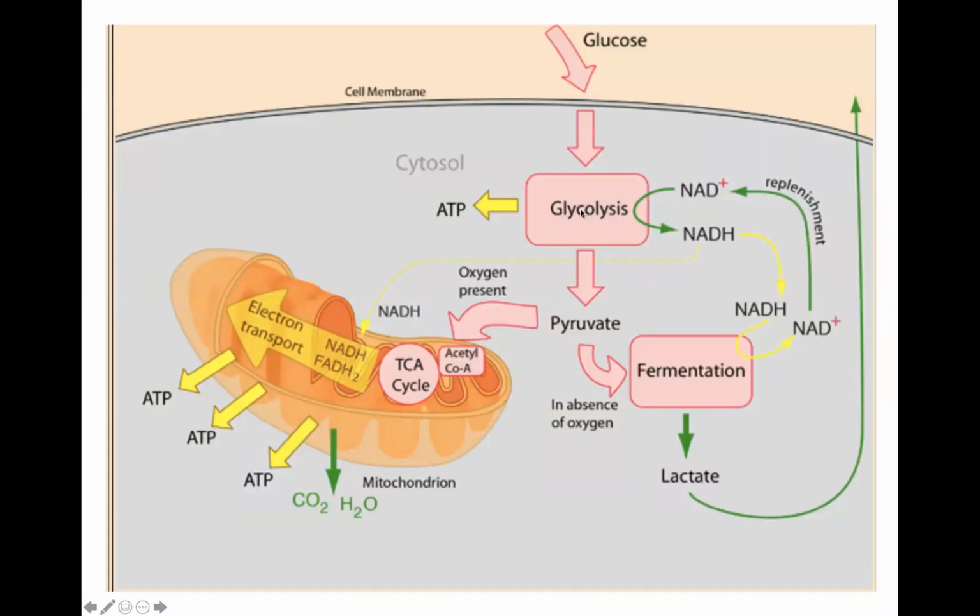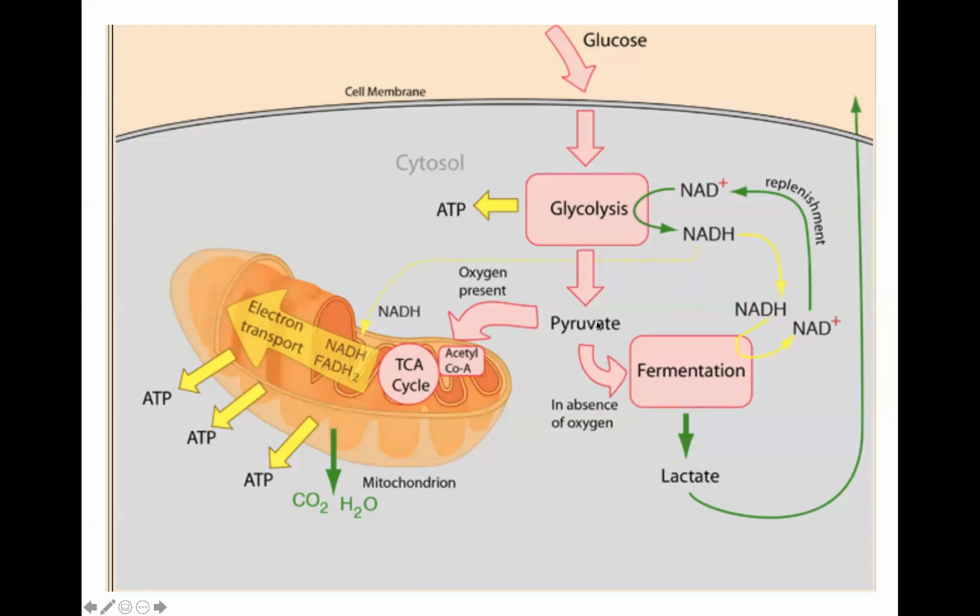Glycolysis is not the most efficient energy-producing pathway because it only produces about 2 molecules of ATP. An intermediate molecule, pyruvate, is produced from the initial breakdown of glucose, and that pyruvate will then be further oxidized in the mitochondria, as long as there's oxygen present.